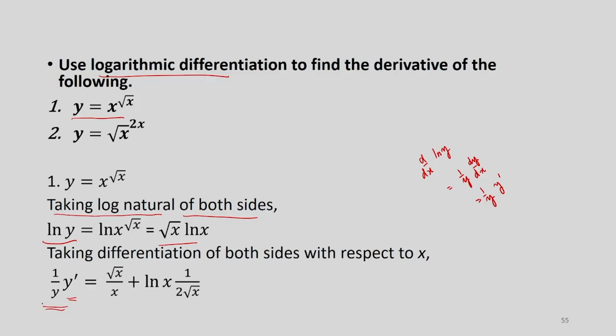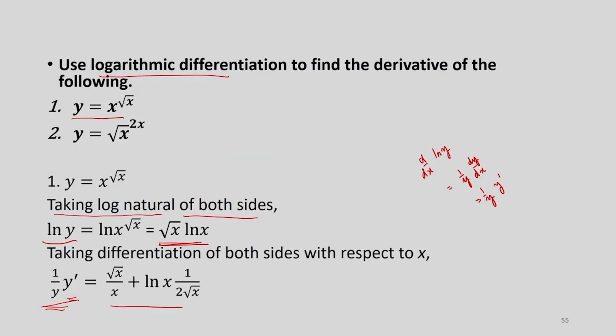On the right hand side, I am taking the derivative with respect to x of this function. So I am using the product rule: root over x divided by x plus log of x multiplied by 1 divided by 2 root over x.